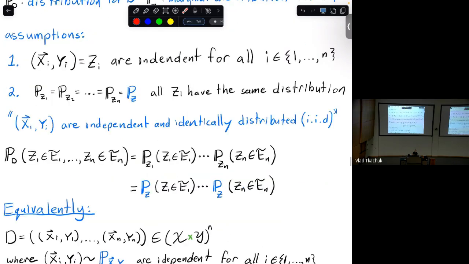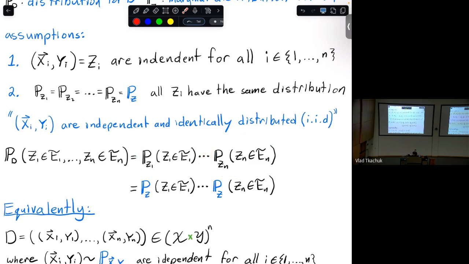And this gives you the following. This data set distribution was very ugly. It would be very awful for me to state what that is for a given example, but it turns out to be a whole lot easier now because, since things are independent, I can write them out as these products, n products. That helps a lot already because now I just need to talk about n marginals.